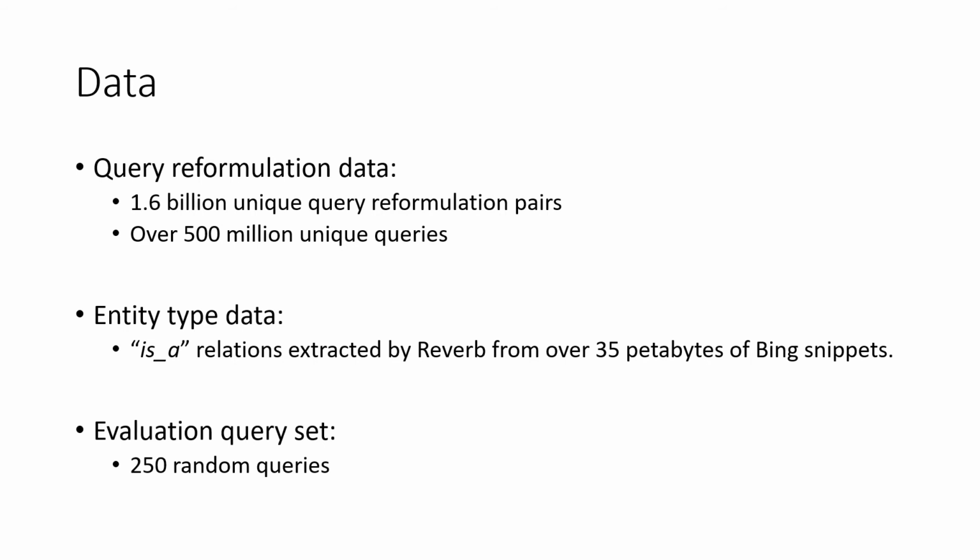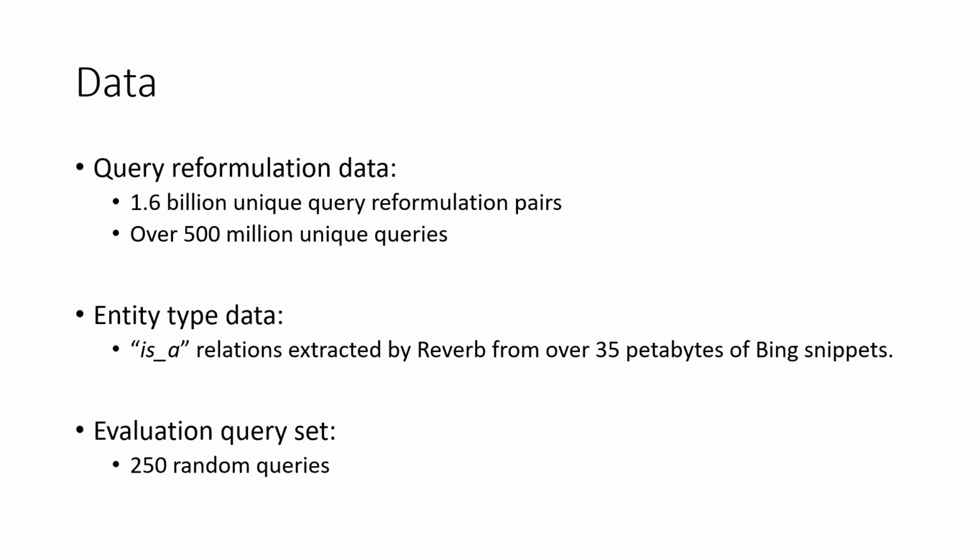For evaluation, we randomly sampled 250 queries from the query log. These queries are diverse. We randomly selected from tail queries and head queries. We also have samples from queries with many reformulations and queries with few reformulations.